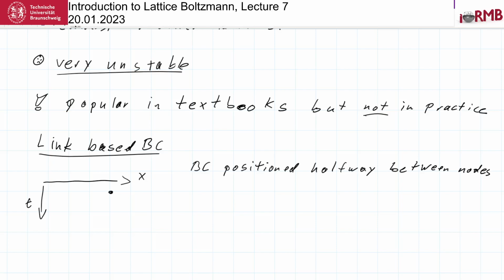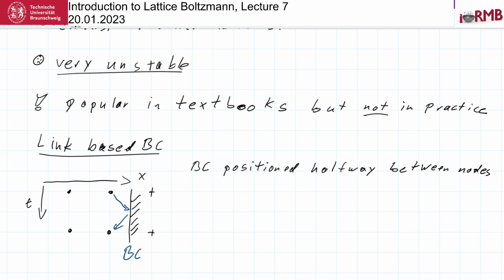So let me put here, with a little bit more spacing now, my lattice nodes. And here would be the next lattice nodes, but we have our boundary in between them. And now a distribution would go here and would return here, for example. And here we have our boundary condition.